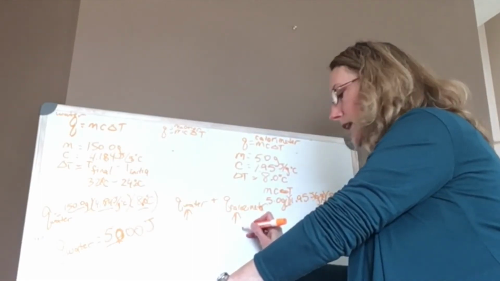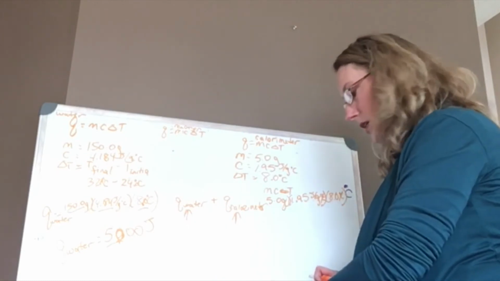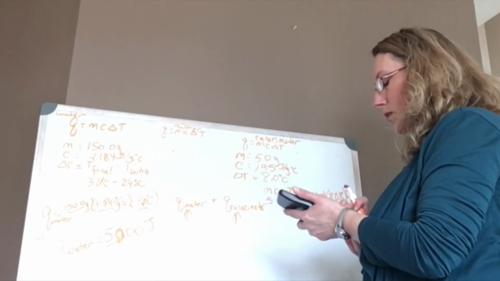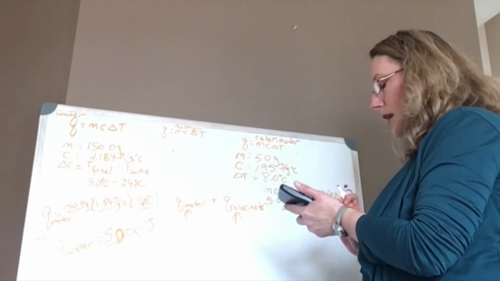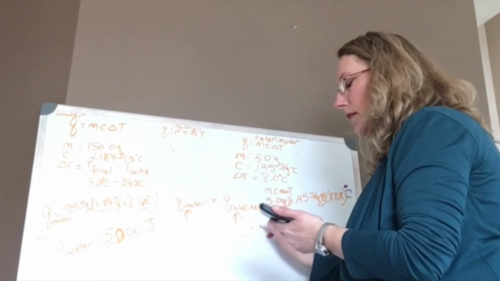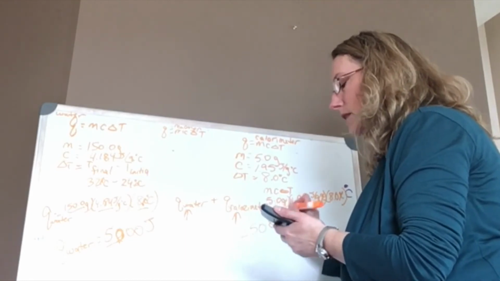So the Q of my calorimeter is going to be 5 times 1.95 times 8, 25088.